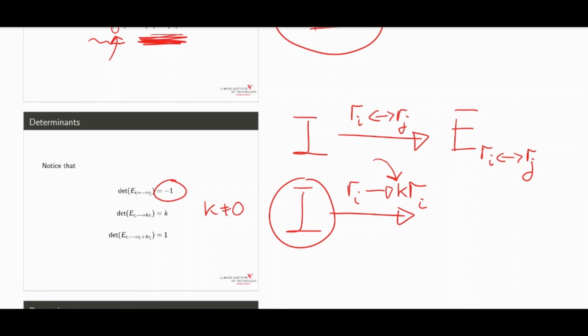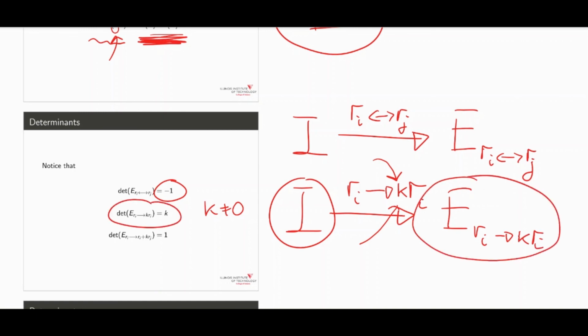You would never multiply a row by 0, because then the row operation is not legit. You completely destroy that row that might contain information. So this particular k is never 0. Then you get this elementary matrix, which we denote by Ri changed to k times Ri. And it's not difficult to see that this determinant is k.